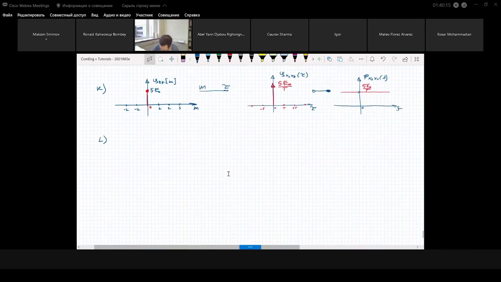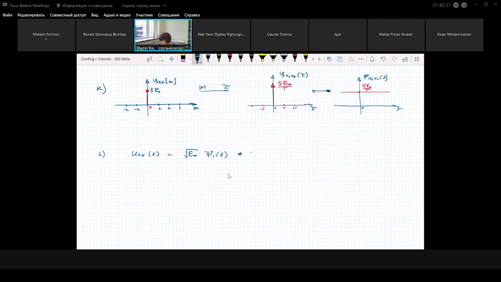Part L. The transmit signal can also be written as a convolution. We already know that we can represent our signal as a convolution between the pulse shape and a weighted sequence of delta pulses.